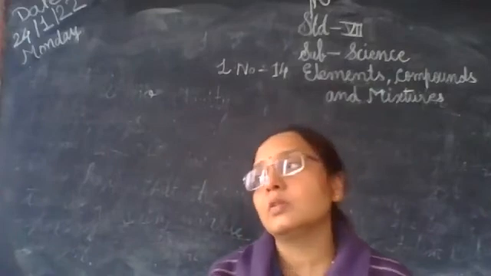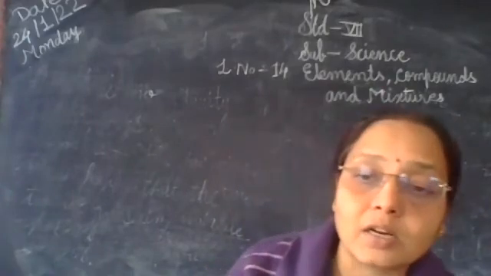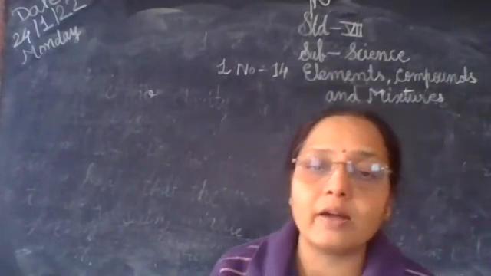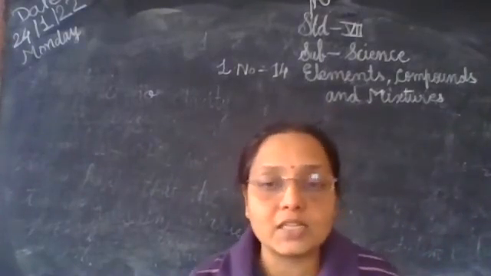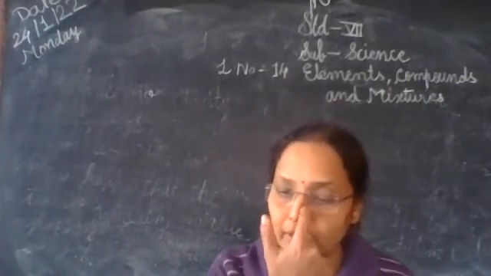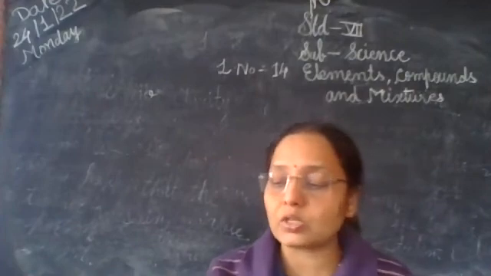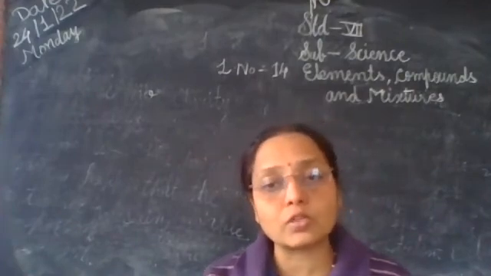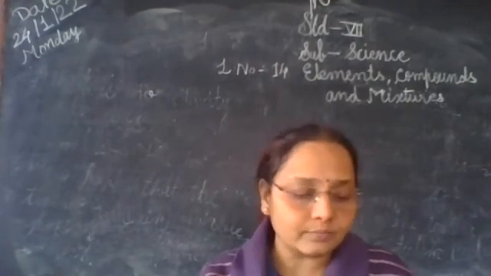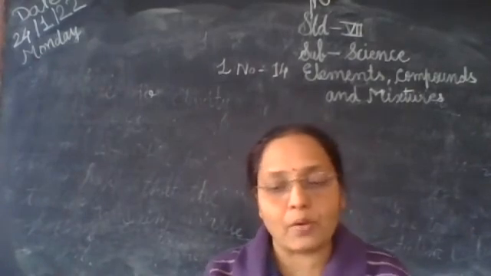Then salt is a compound, NaCl, one atom of sodium and one atom of chlorine. Then CO2, carbon dioxide is a compound. Then sugar is also a compound, C6H12O6. So this is about compounds.